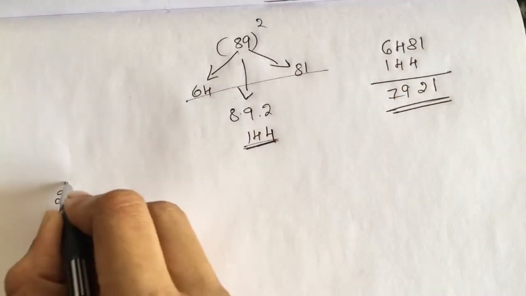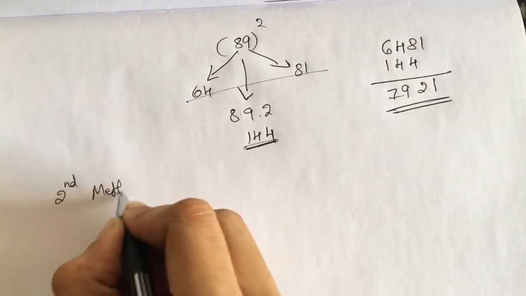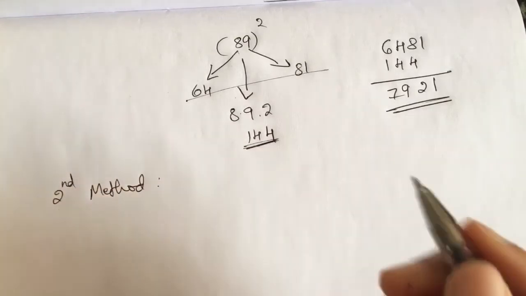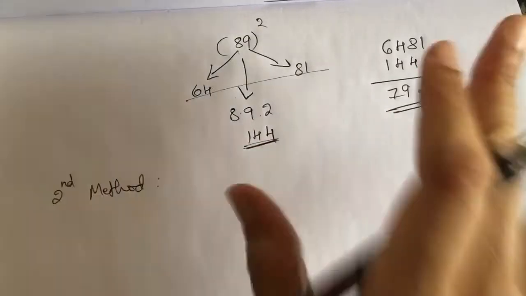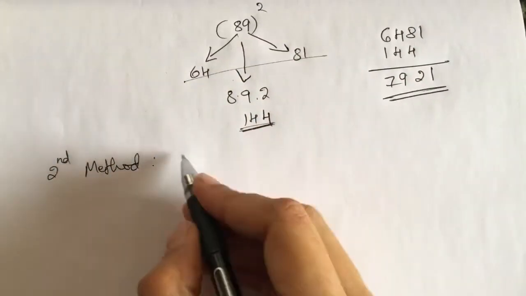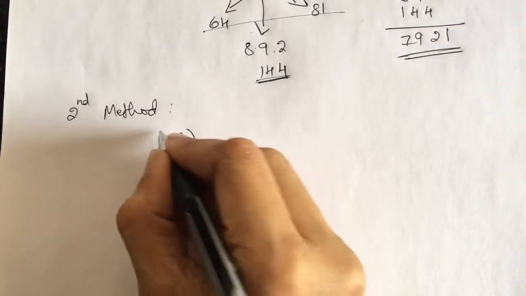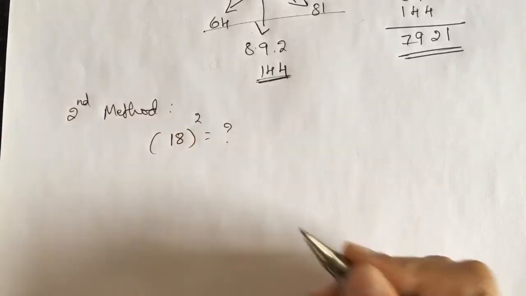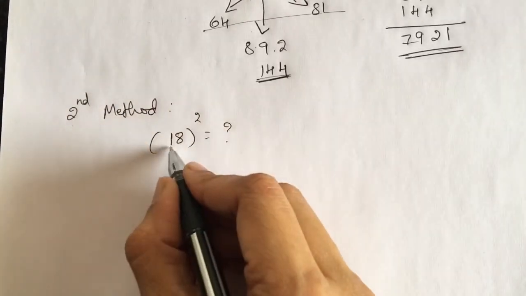Now I'll take the second method. Whichever is useful for you, learn that only so that you will not get confused with the methods. Okay. Now you have to calculate the same problem. I'll take 18 square. You need to calculate this.